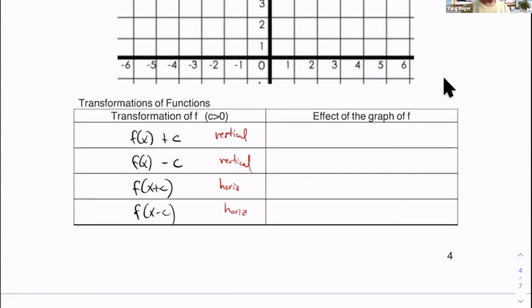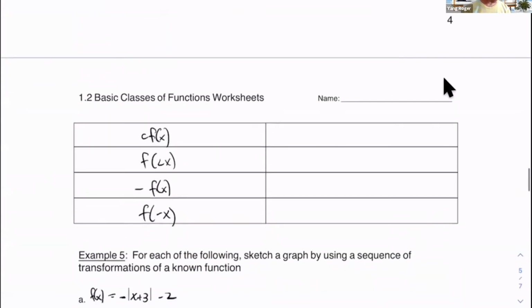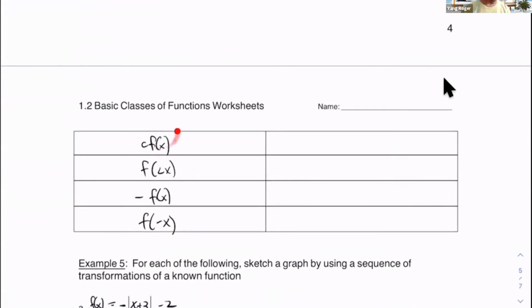So I really like what she said. If the plus c, or in this case minus c, is outside of the function, it's a vertical thing. If it's inside of the function, it's a horizontal thing. That's important. So look at this guy right here. Do you think this is a vertical thing or a horizontal thing? It's vertical, right? Because it's outside the function. And what about this guy?